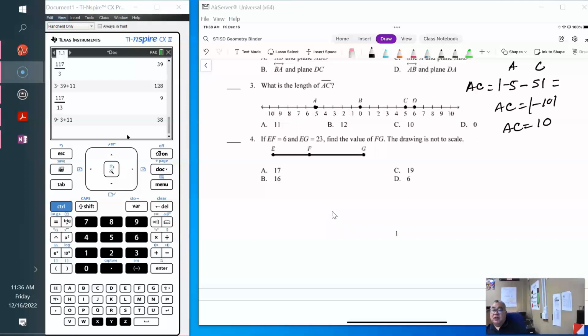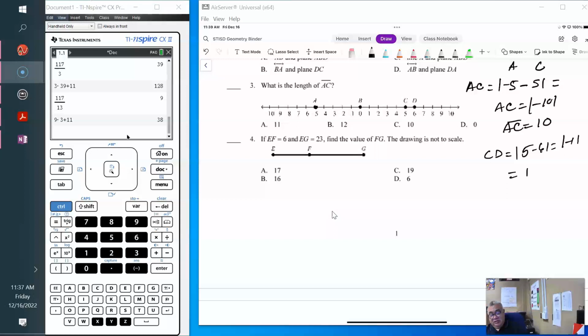Now on the test, it's probably going to ask you about congruence, and you have to show your work, and this is how you show your work. So if they say from A to C compared to C to D, you have to show 5 minus 6 equals the absolute value of -1, which is 1.